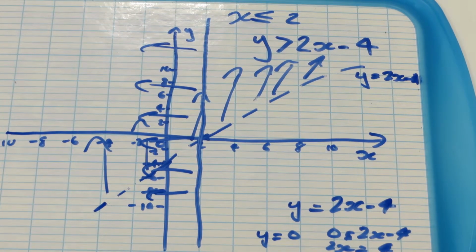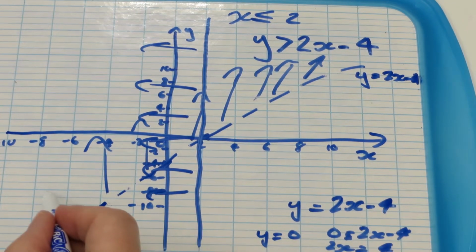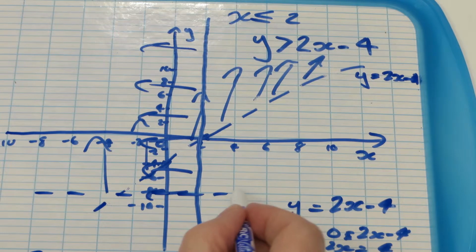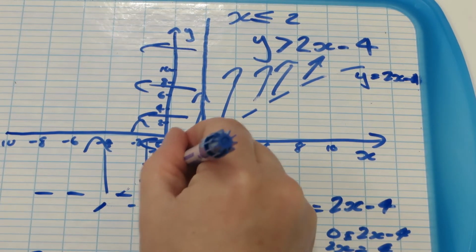We might also then say, well, what about all of the values where x is greater than minus 8? Well, here's minus 8 here, so we would do a dotted line there, and we would say everything above there.